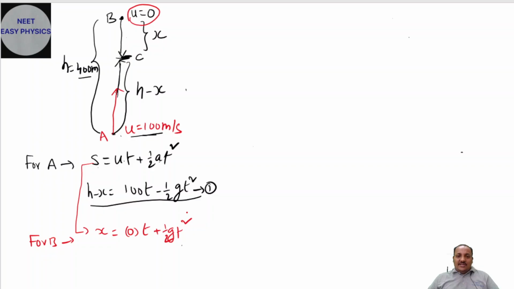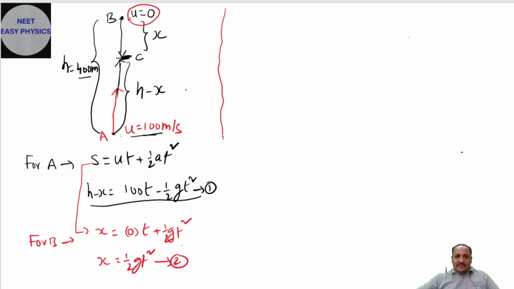Why did we write plus G? Because it is a freely falling body, we will take plus. Now X is equal to half G T square. Call it equation number 2.